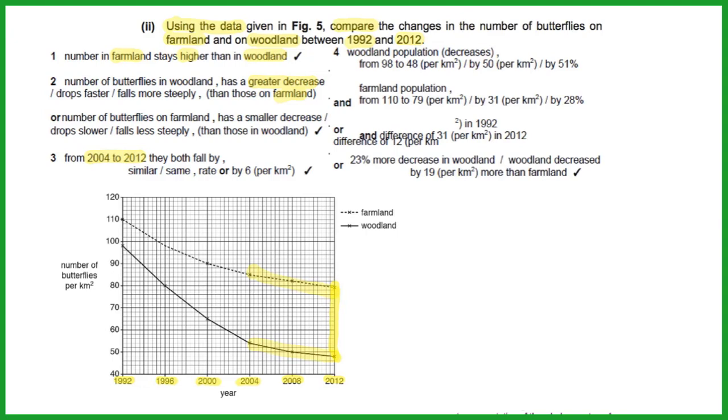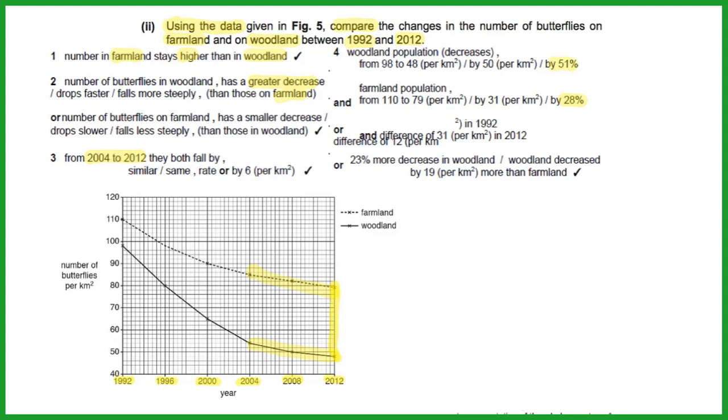Now, at the start of the question, you did a calculation which showed you that there was a 28% decrease in the farmland population. Because there's a "using the data" point in this question, if you did the same calculation on the woodland population, you'd see that it went from 98 down to 48, which was a percentage decrease of 51%.